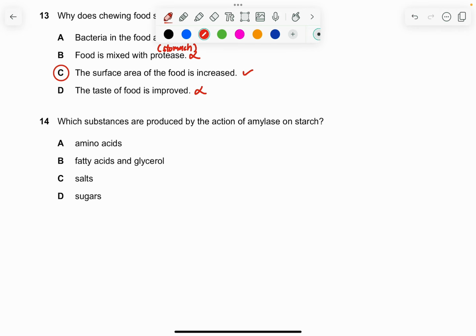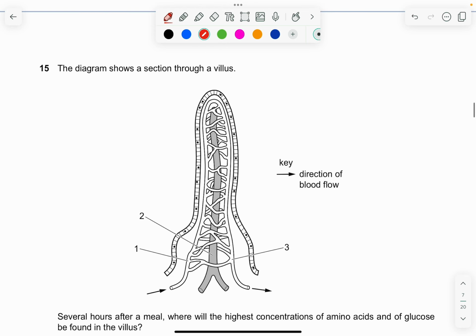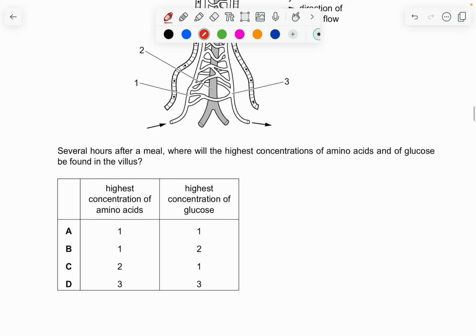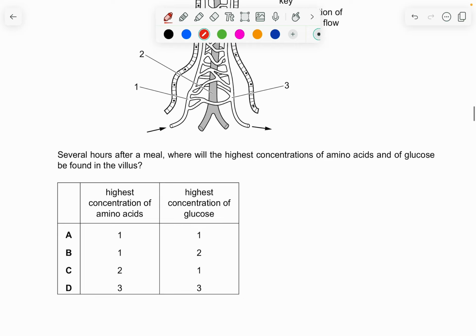Question 14. Which substances are produced by the action of amylase on starch? The answer is sugar, because starch is a carbohydrate, and the only carbohydrate you can see here is sugar. Question 15. The diagram shows a section through a villus. They show the key, which is the direction of the blood flow. Several hours after a meal, where will you find the highest concentration of amino acids and of glucose in the villus?